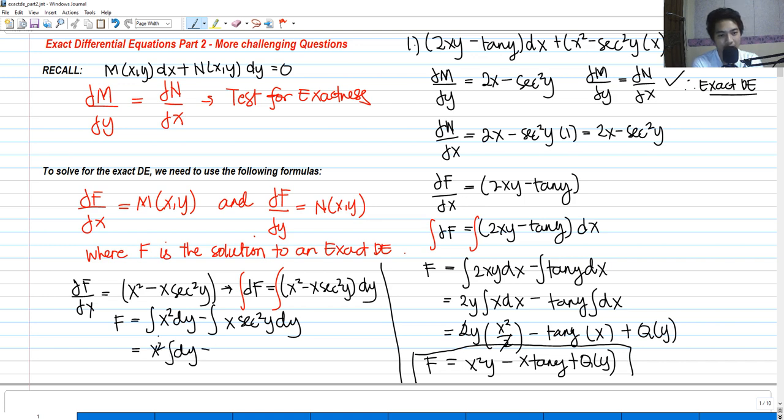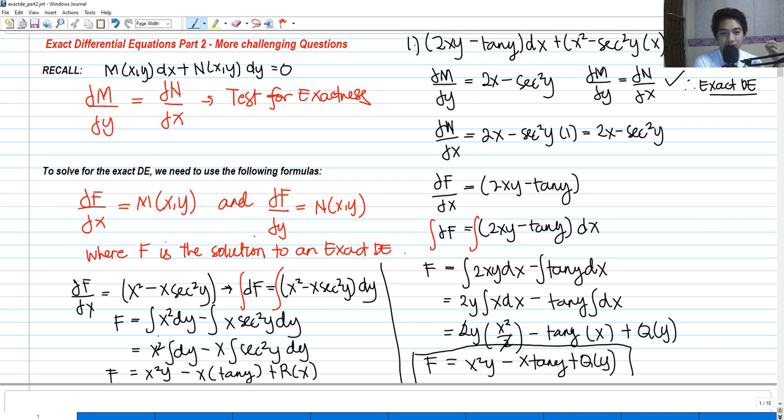So integrating, we have x squared y minus x times the integral of secant squared y dy, which is tangent of y, plus r(x). Any term r(x) purely in terms of x.